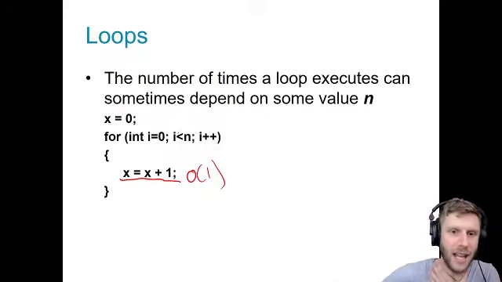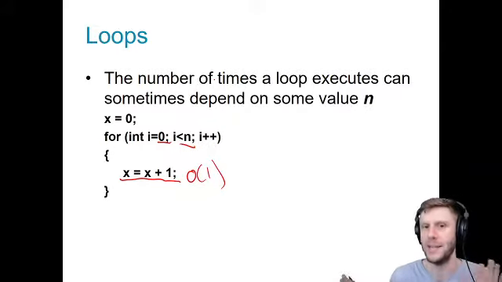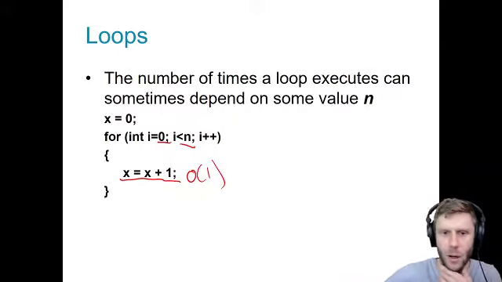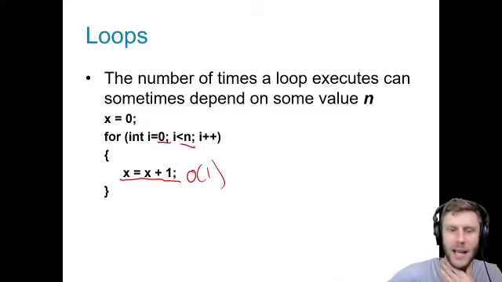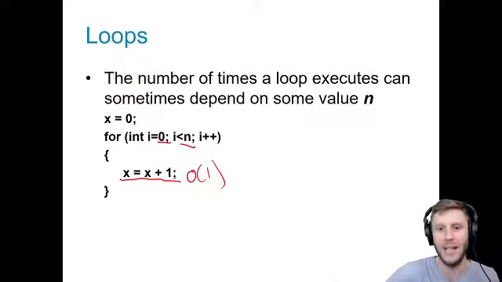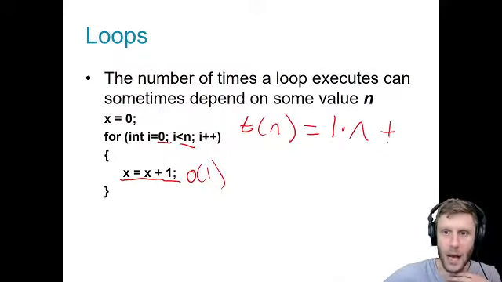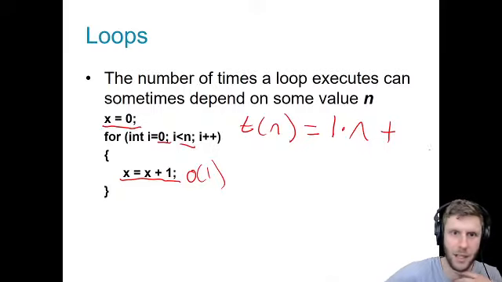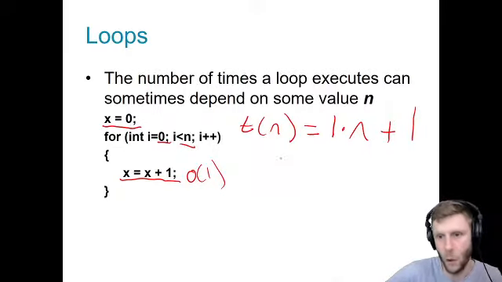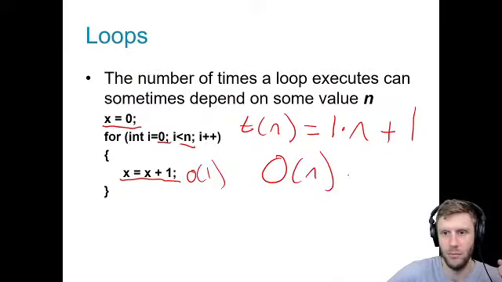But we're saying run this code how many times? Well, 0 to n. And I don't know what n is. So it looks like I'm running this thing that takes 1 unit of time n times. So this is T of n is equal to 1 times n plus, and I guess we have this one step up here, plus 1, which of course is big O of n.